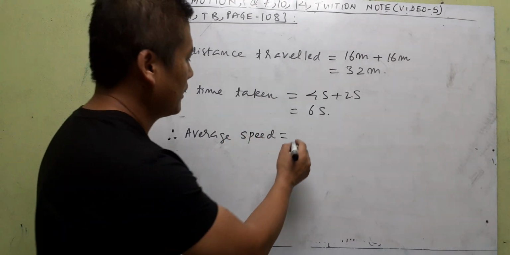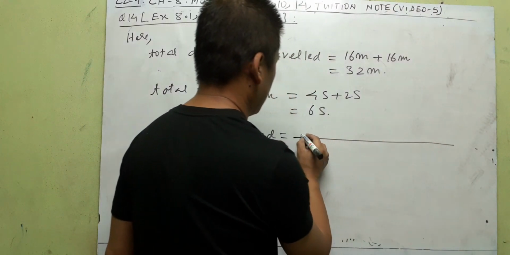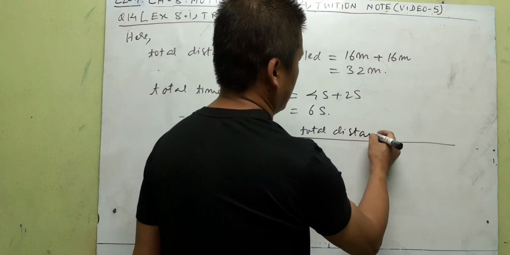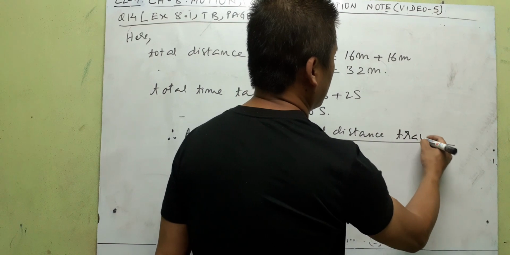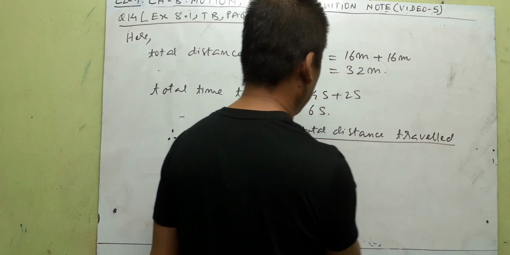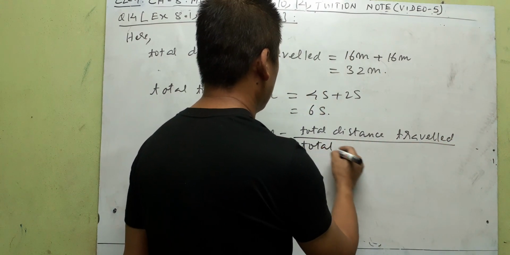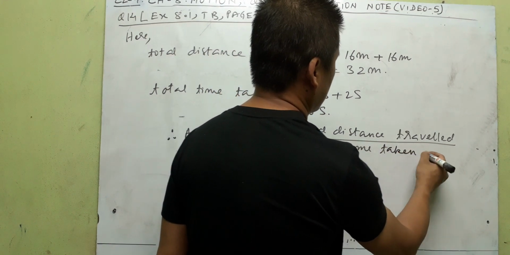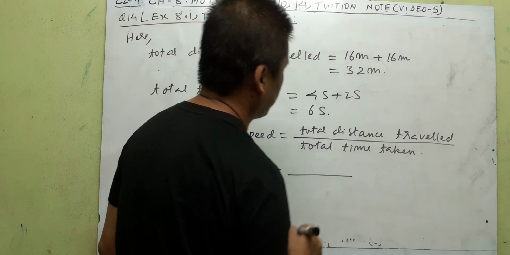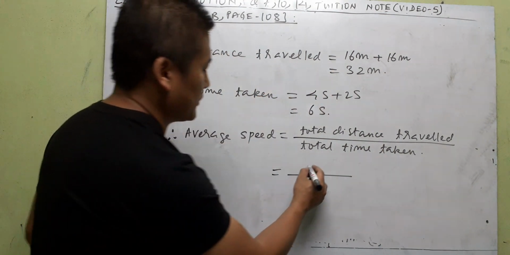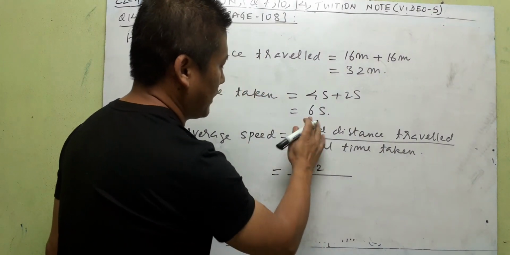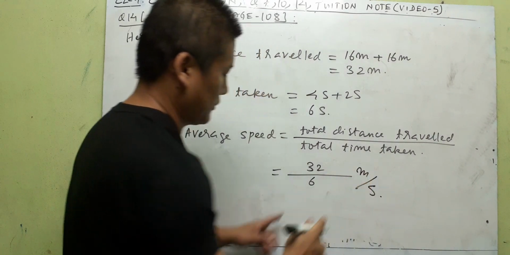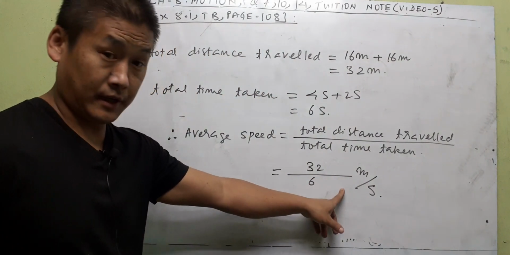Average speed is therefore total distance traveled, we know this formula from our previous class, divided by total time taken to travel that distance. So it's just a matter of applying the formula. Total distance is 32 meter, by time is 6 seconds. So here meter per second, because numerator meter, down second.